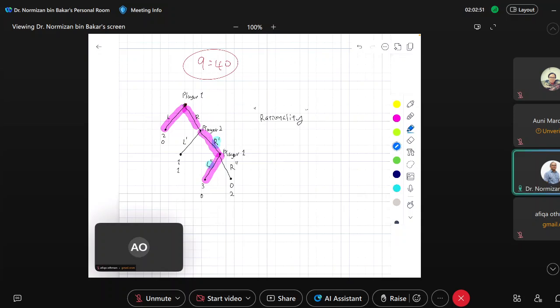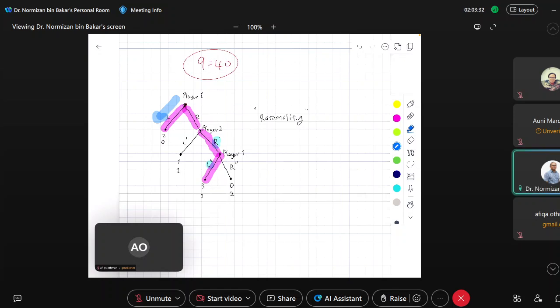Because he knows if he chooses R, then player two will play L prime, or player two will play R prime. Okay, right? So if player two plays R prime, then player one will choose L double prime. Okay.